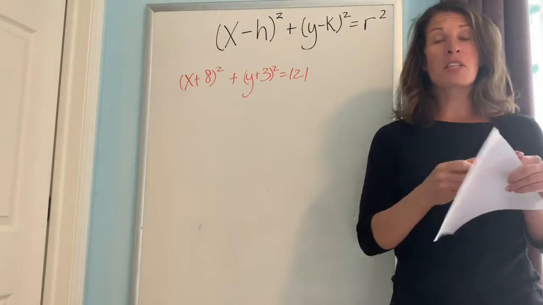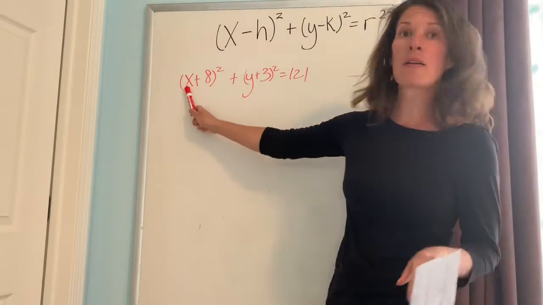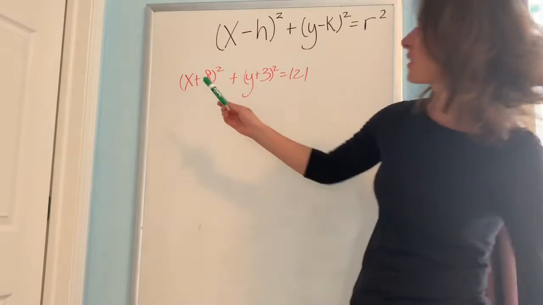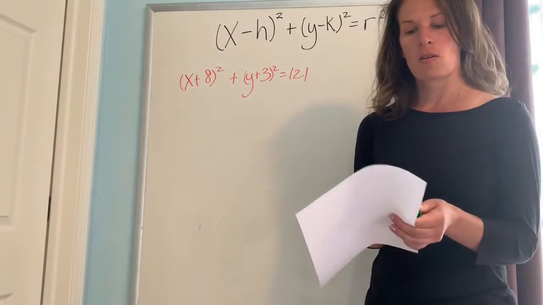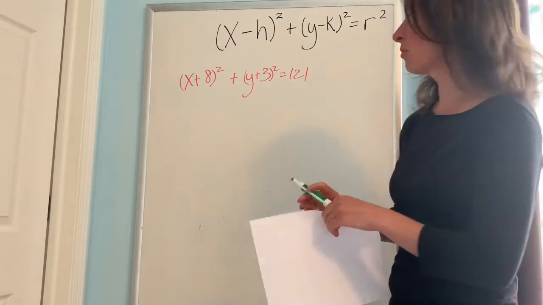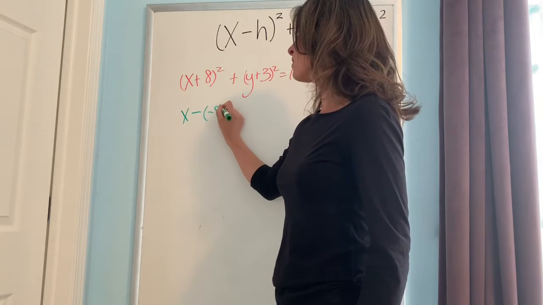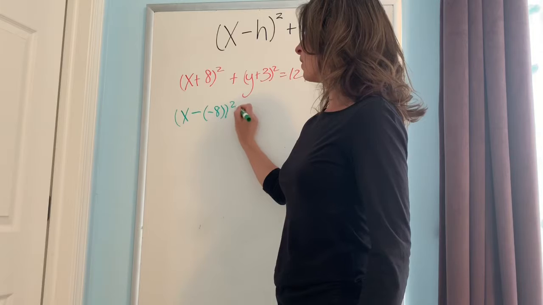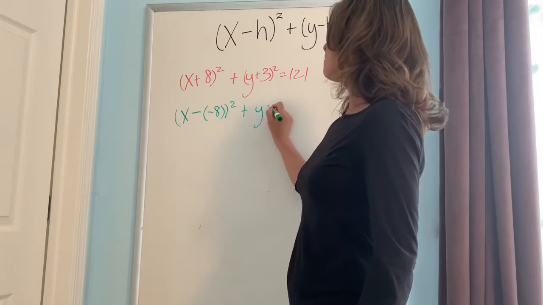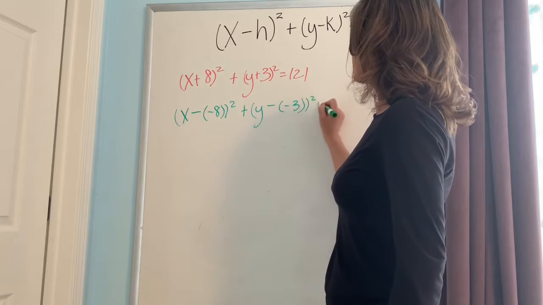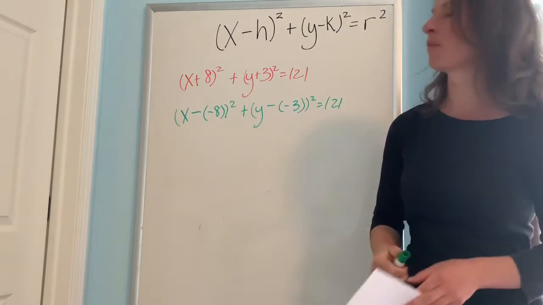So I am going to rewrite this. We need this in the form x minus. Currently this is an x plus. In order to get it to a minus, it would be x minus a negative 8, squared, plus y minus a negative 3, squared, is equal to 121.